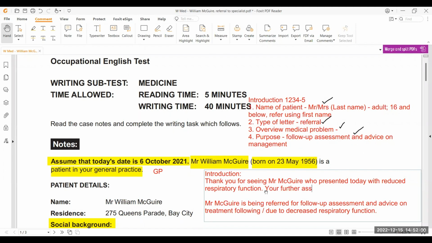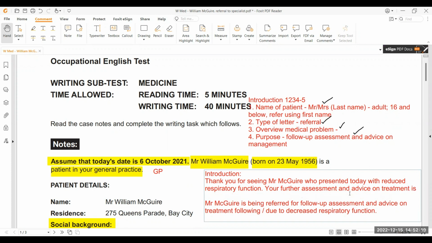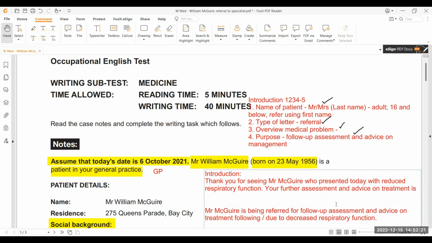You don't want to use both "further" and "follow-up" because that would be repetitive. Assessment and advice on treatment is requested, or "is highly appreciated."